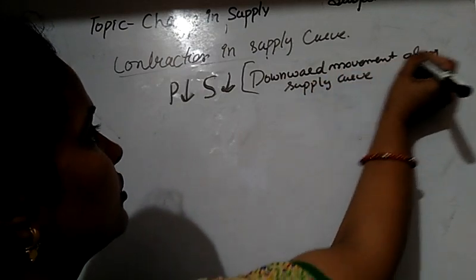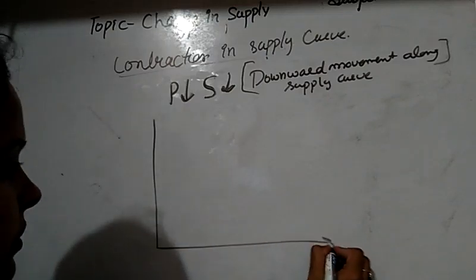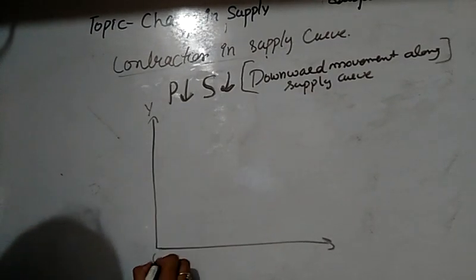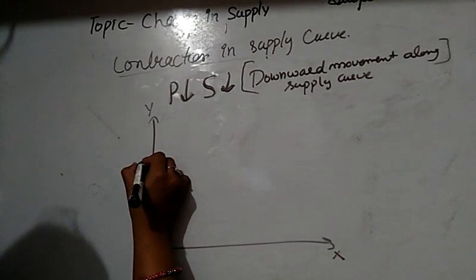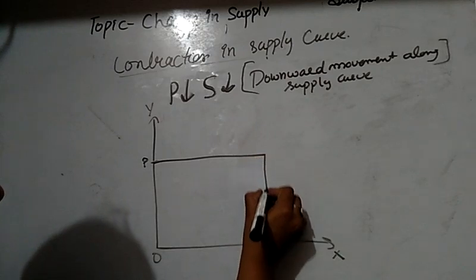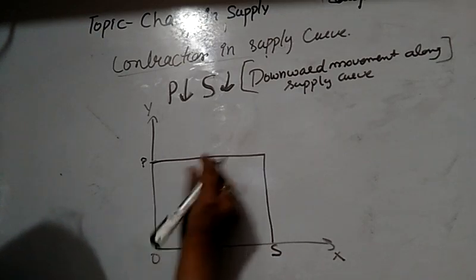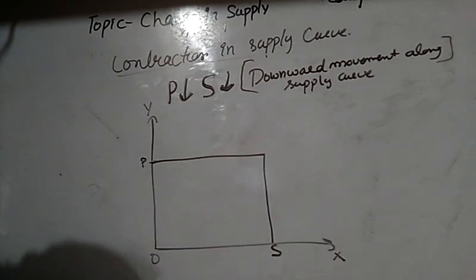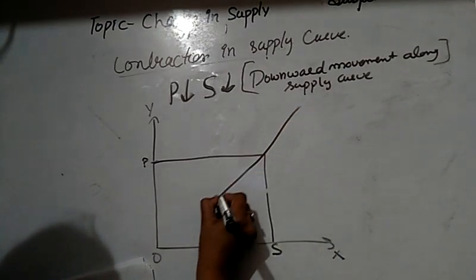Students, we will understand this with the diagram. This is a graph with OX and OY axes. When price is P, supply is S, and the supply curve is this.